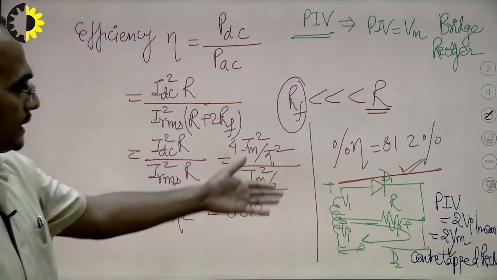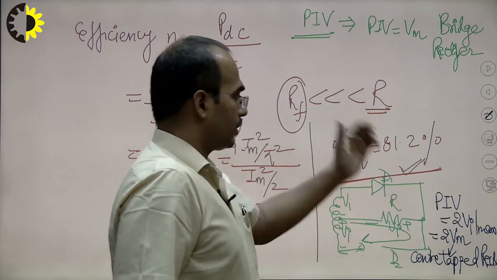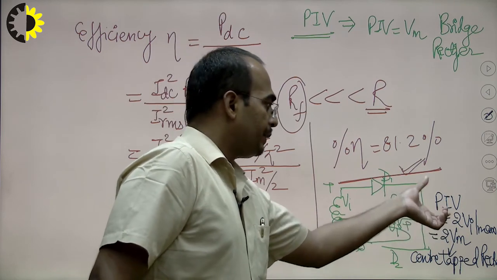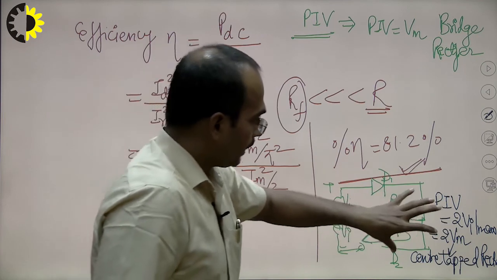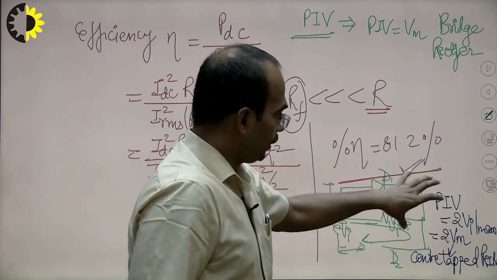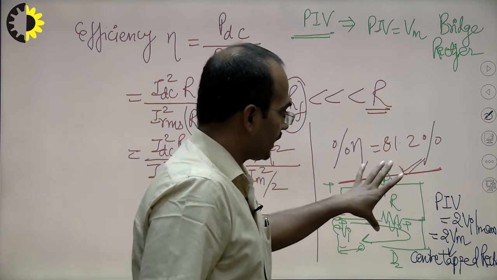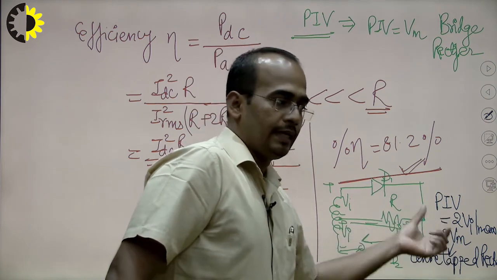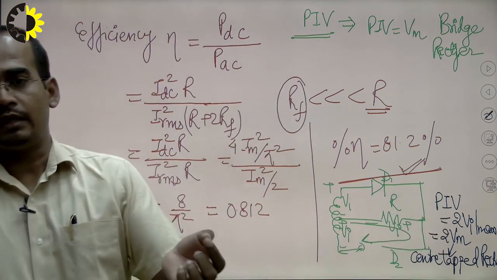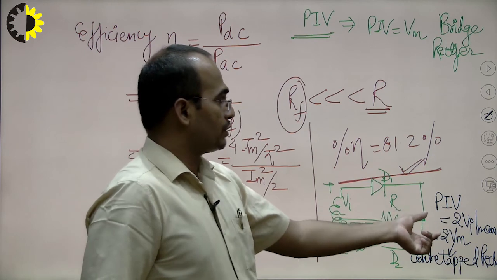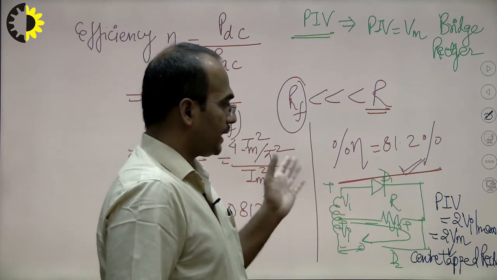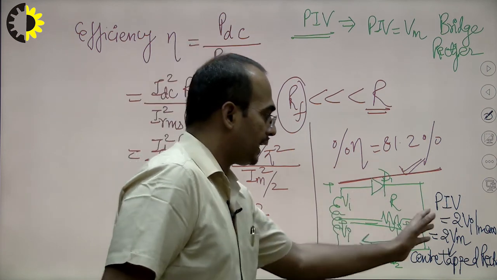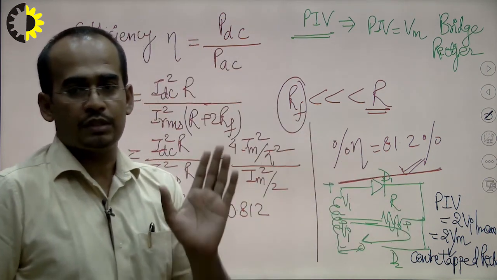This is the disadvantage of the center tap rectifier, because it has a peak inverse voltage of twice Vm. If I want to use the center tap rectifier, I have to use a special type of diode which has a peak inverse voltage of twice Vm.